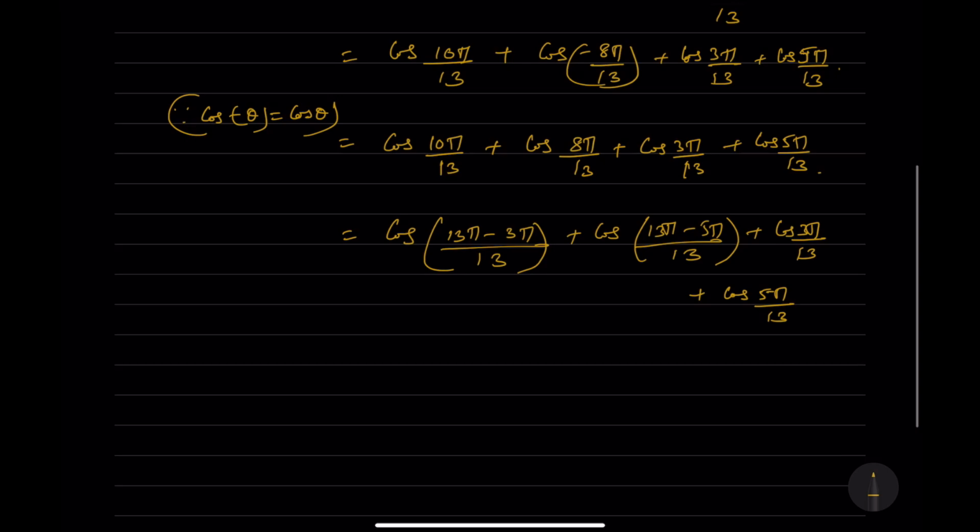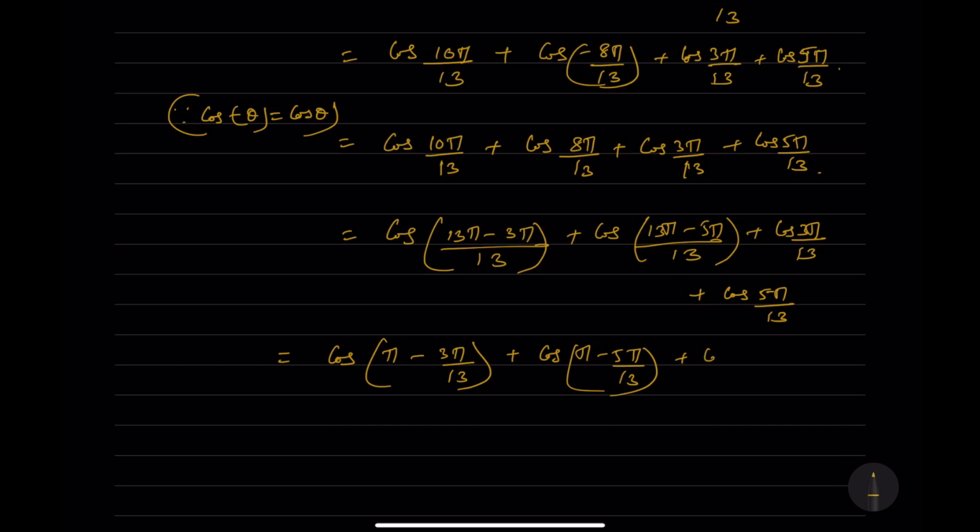Now what is this equal to? We'll see. 13 pi by 13 is nothing but pi, so cos of pi minus 3 pi by 13 plus cos of pi minus 5 pi by 13 plus cos of 3 pi by 13 plus cos of 5 pi by 13.